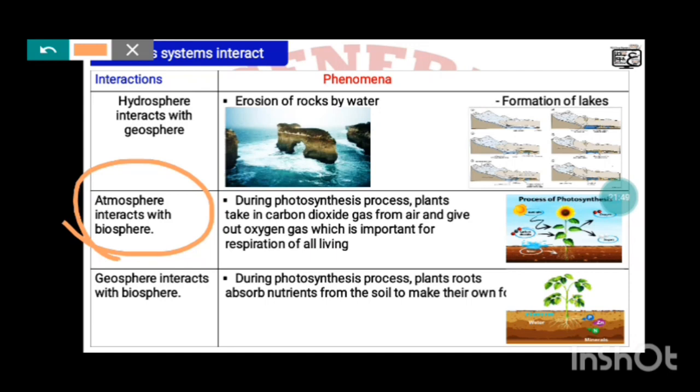Plants are biosphere, and oxygen gas is atmosphere.